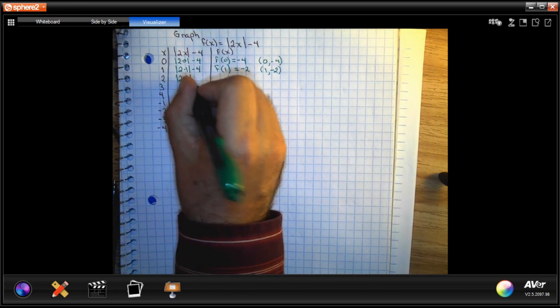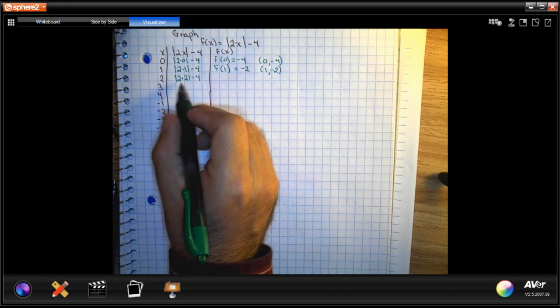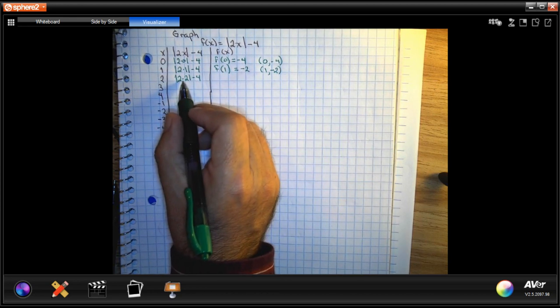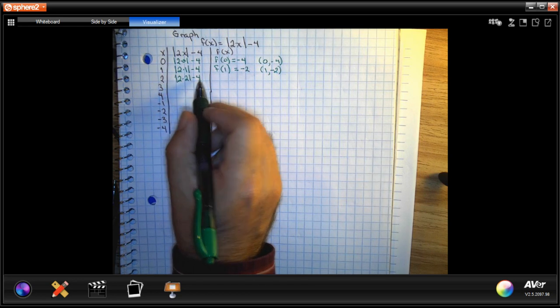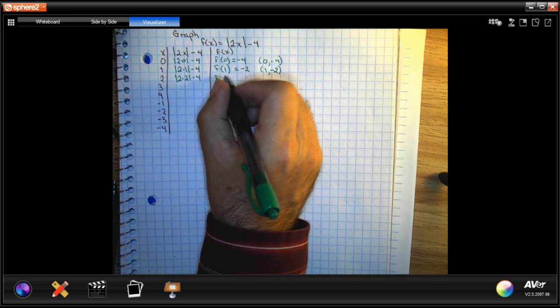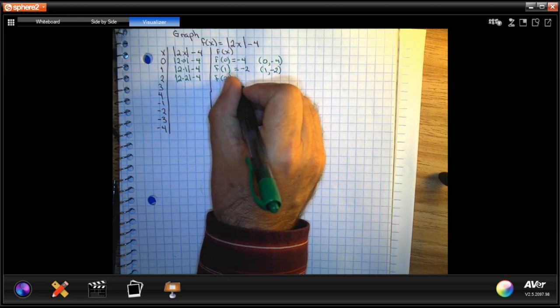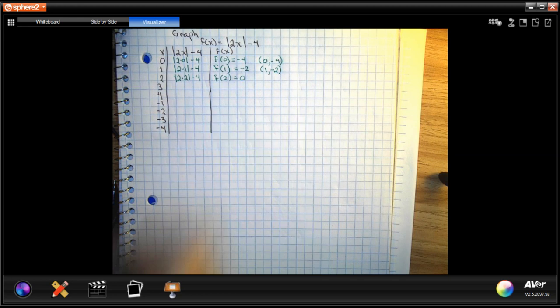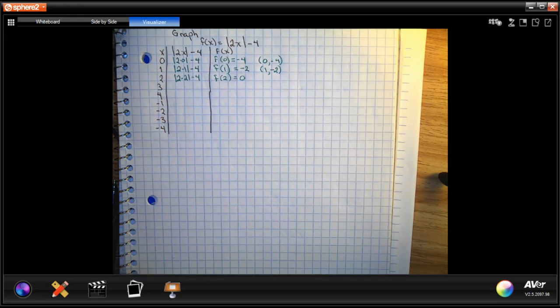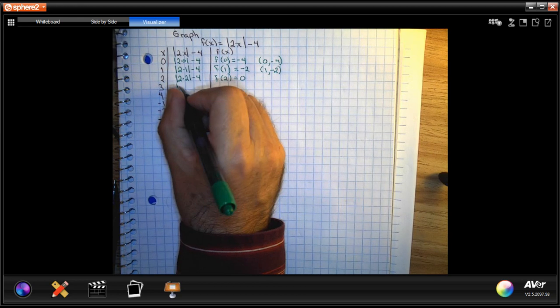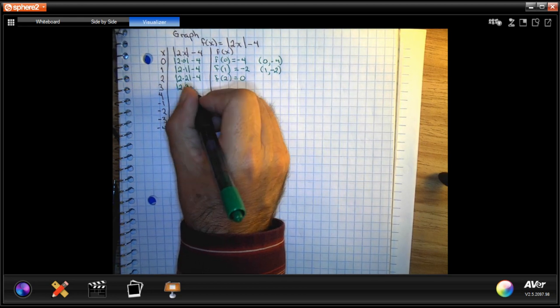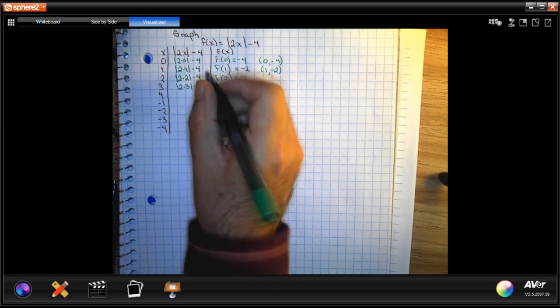Two times 2 is 4. The absolute value of 4 is positive 4, minus 4 is 0. 2 times 3 is 6.